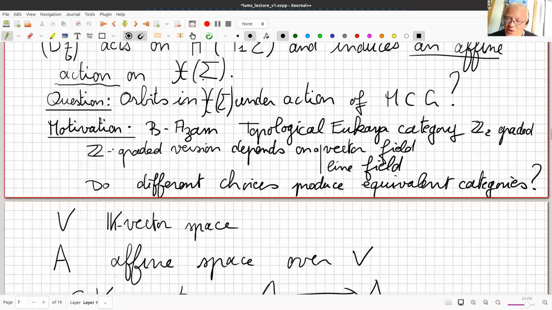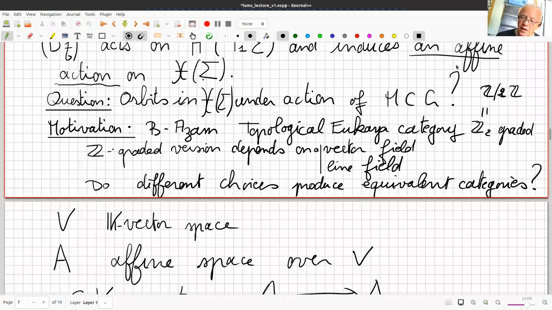This is what I mean by Z2 graded. Z2 is my notation for Z over 2Z. So when you take a weak theory, it will be only Z over 2Z graded, so you have just even objects and odd objects.